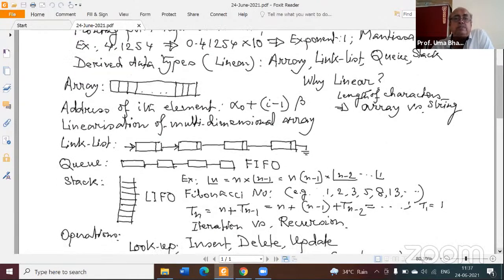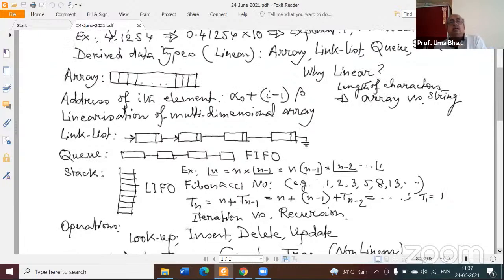Okay, iteration versus recursion, and this is array, linked list, queue, stack. Just think yourself about their relative advantages and disadvantages in terms of lookup, insert, delete, and update. How do you look up an element? How do you insert an element? What are the issues? How do you delete? How do you update?